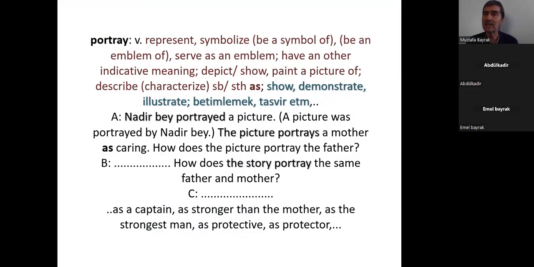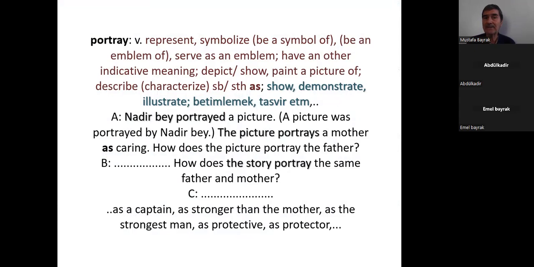Portray, as a verb, means represent, symbolize, be a symbol of, be an emblem of, serve as an emblem, have another indicative meaning. Depict, show, paint a picture of, describe, or characterize somebody or something as. This part is important.